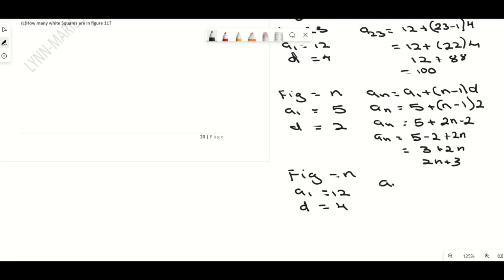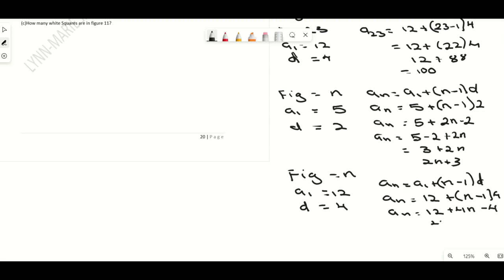So you put it in the formula: An is equal to A1 plus n minus 1 by d. So An is equal to A1, which is 12, plus open bracket n minus 1 by a common difference of 4. You multiply the bracket by 4, so that would be plus 4n minus 4.